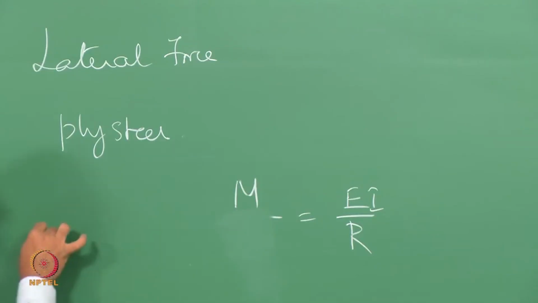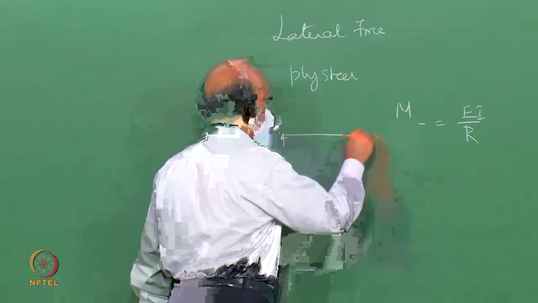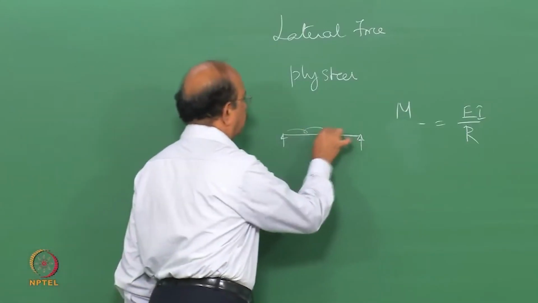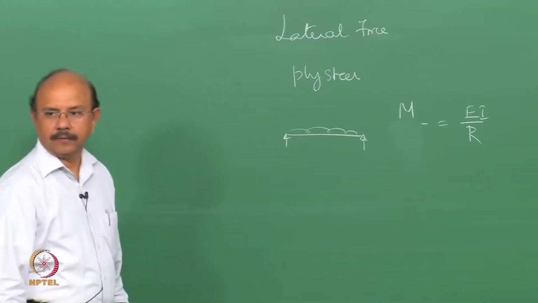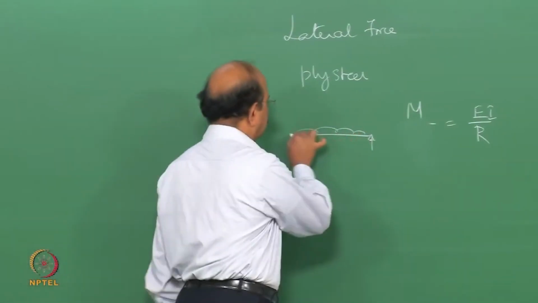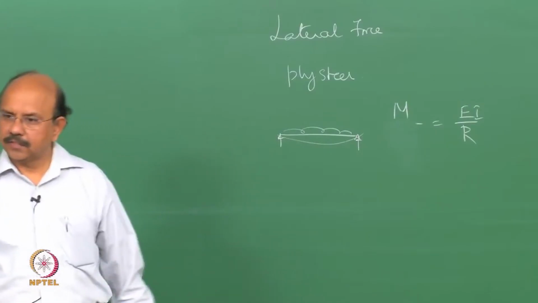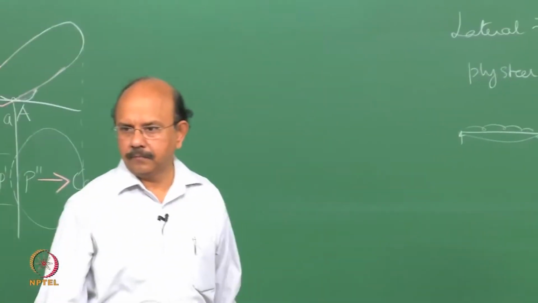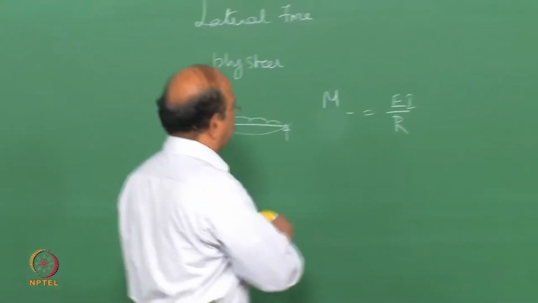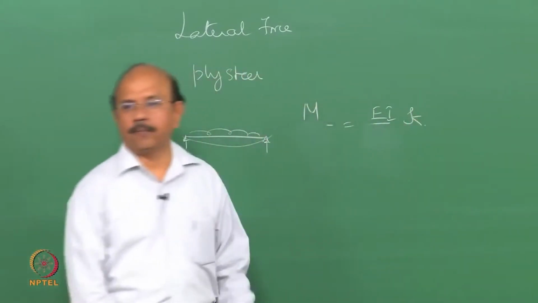Note that I have, say, a simply supported beam with some uniformly distributed load on it. There is a displacement, of course, which results in a radius, in other words, a change in curvature. So 1 by R is the curvature, and I can write that as EI into kappa.